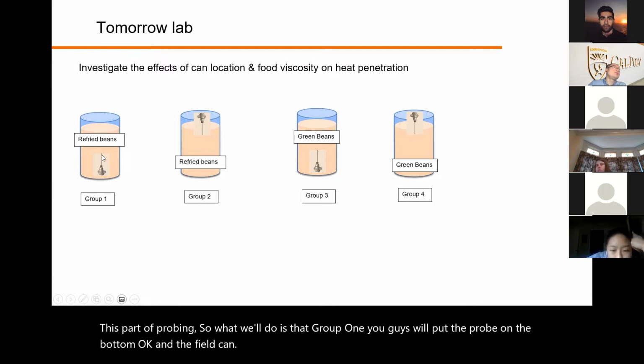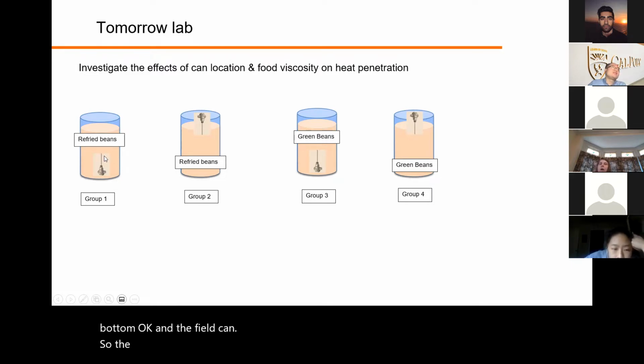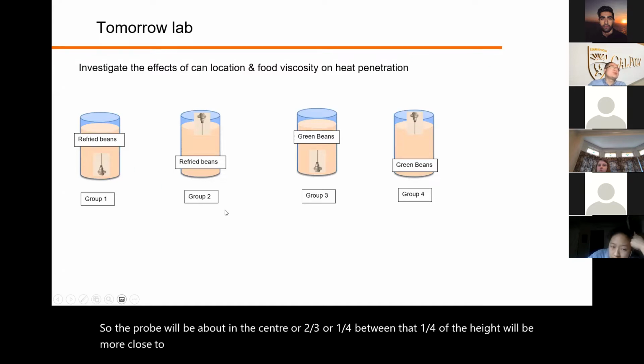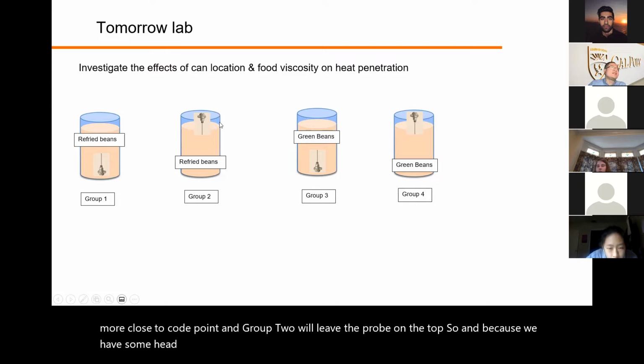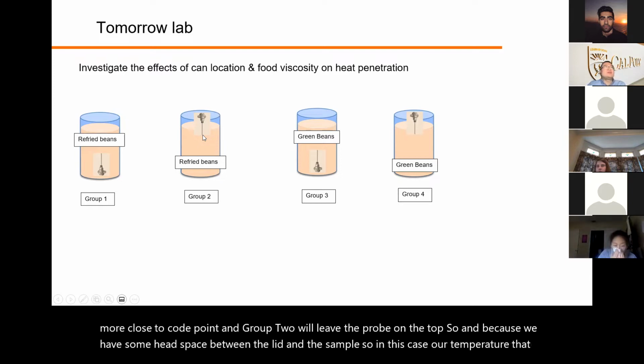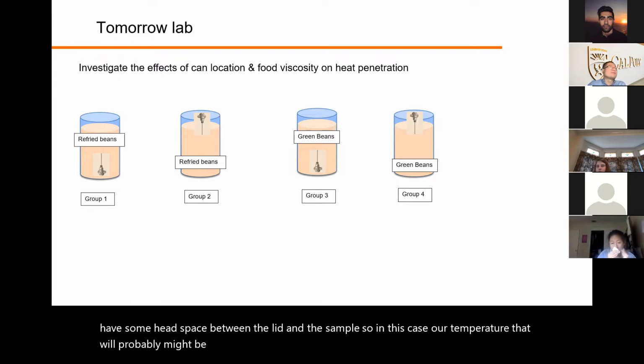The probe will be about 1/4 of the height, so it'll be closer to the cold point. And group two will leave the probe on the top. Because we have some headspace between the lid and the sample, the temperature we're probing might be farther from the cold point.